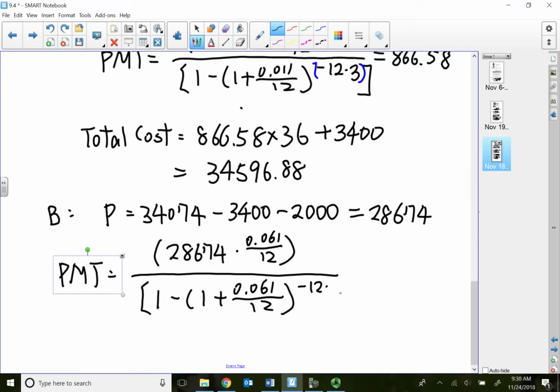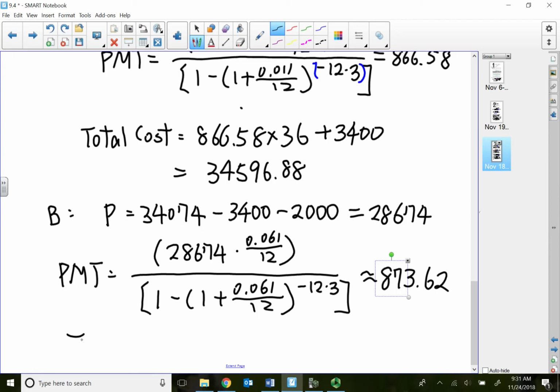Be careful now, the t is in years. If you punch this whole thing in the calculator, you should end up with $873.62 as his monthly payment.